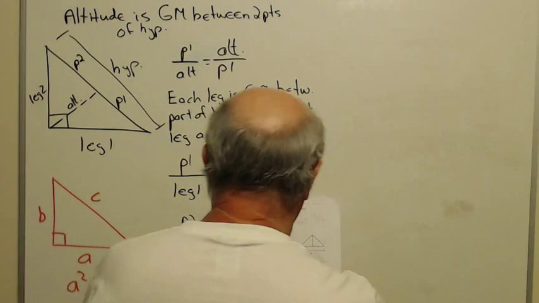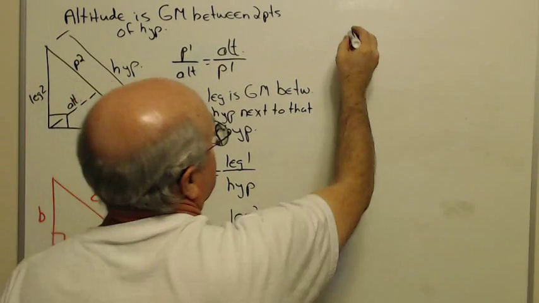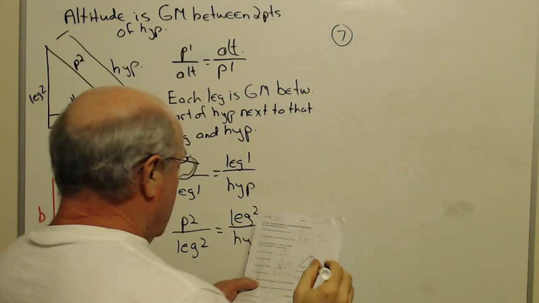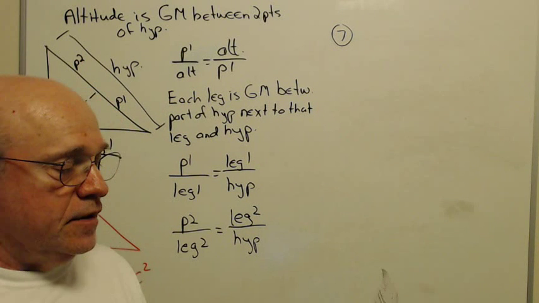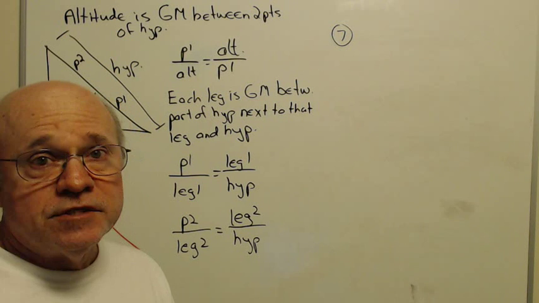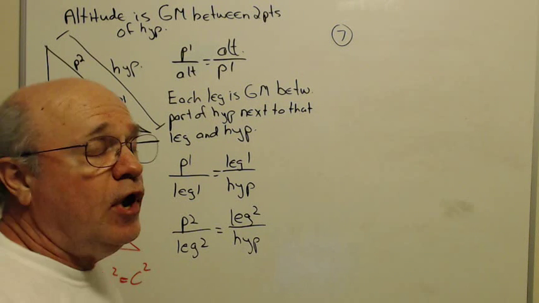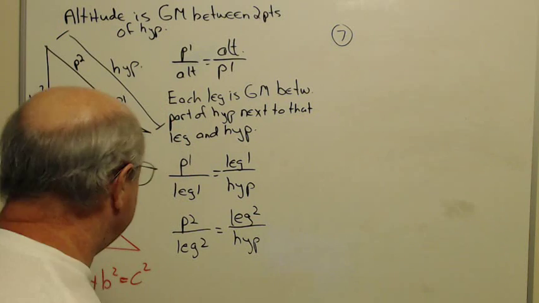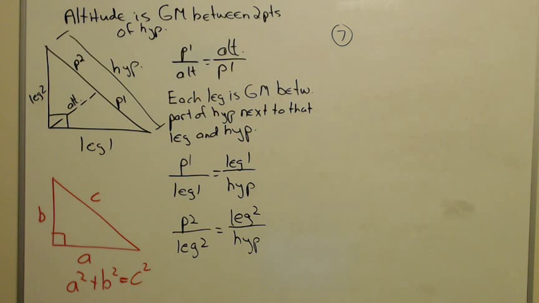Number 7 asks if a triangle with sides of length 10, 24, and 26 is a right triangle. Well, it's a right triangle if it satisfies a squared plus b squared equals c squared, the Pythagorean theorem that I've got in this bottom corner here.